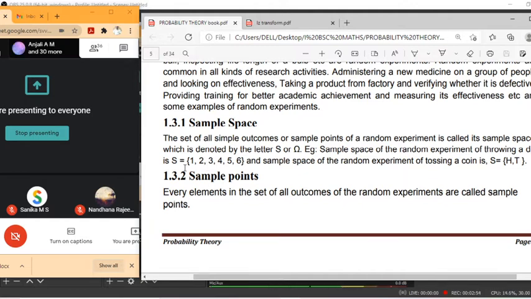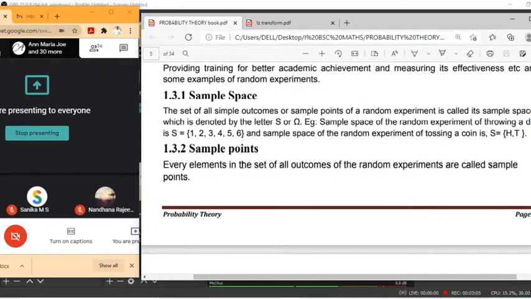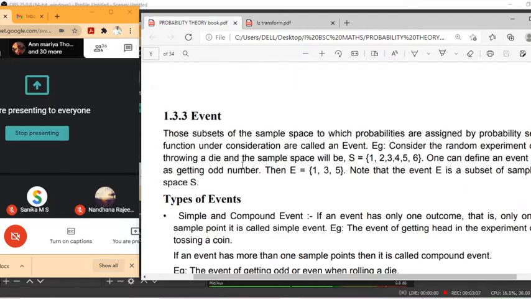For example, in a die tossing experiment, there are 6 possibilities, 1, 2, 3, 4, 5, 6. We can assign chances to these outcomes, and those chances are usually called probabilities. Okay. And you can also assign probability to various events.